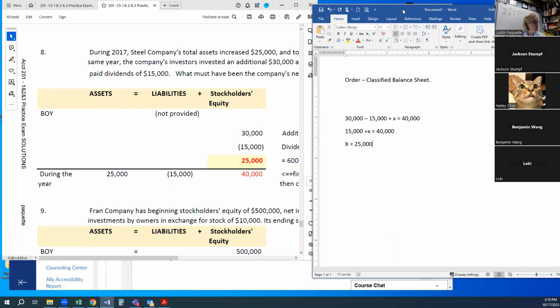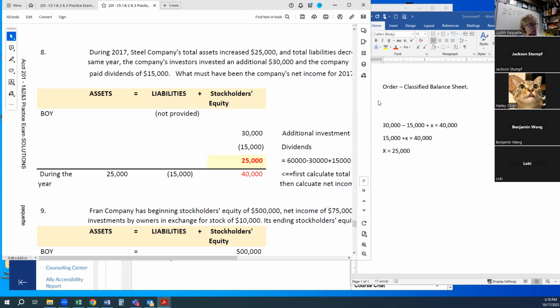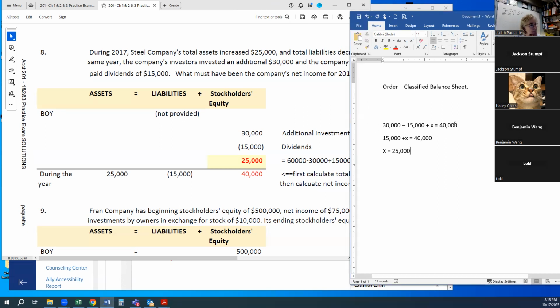Okay, so I think that's a typo. If you look at that first row there, if we were to write this another way, minus 30 plus 15 equals X. And that's what I put here, except I put the wrong number.